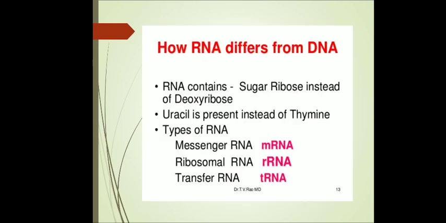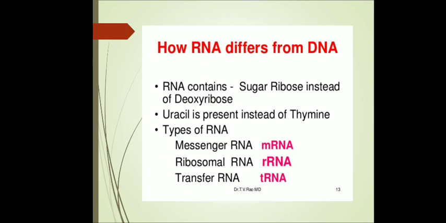The second type of genetic material present inside the bacterial cell is RNA, the ribose nucleic acid. If we study the difference between DNA and RNA, there are three major differences. The first is the sugar molecule. RNA consists of ribose sugar, whereas DNA consists of deoxyribose sugar.